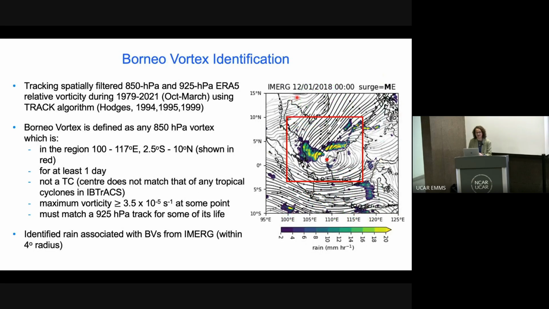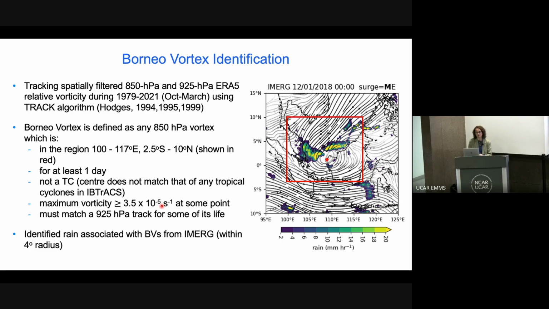First of all, we have to identify Borneo vortices, and we do this in ERA5 reanalysis data between 1979 and 2021. We look at the period October to March, and we track them at 850 and 925 hectopascals. So everywhere in this red box shown here, the vorticity needs to exceed a threshold for at least certain points during its lifetime.